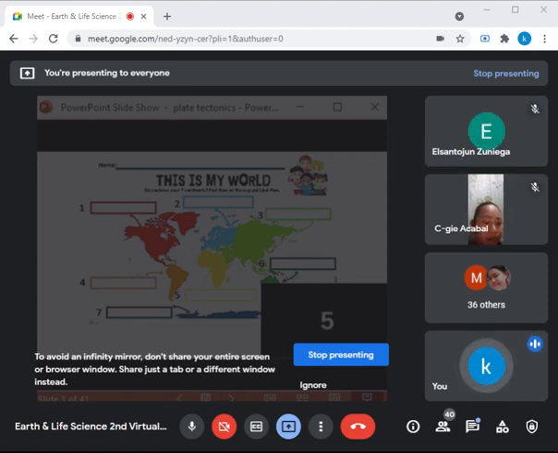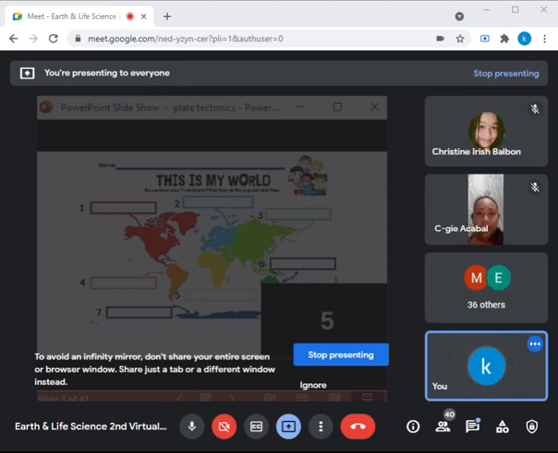And then, what you are going to do is, I'm going to give you 1 minute, and then you are going to identify the continents based on the map flashed on the screen. Each color is a different continent.